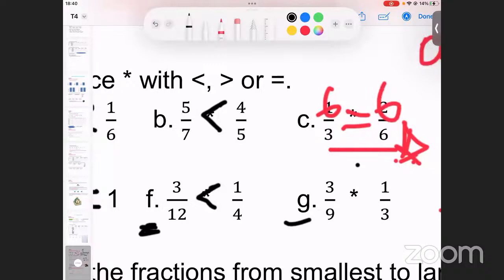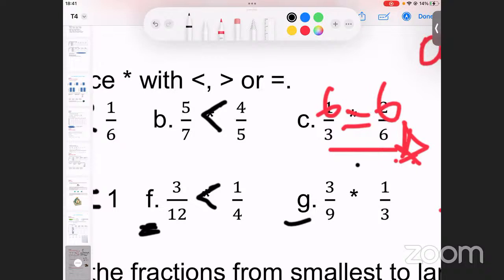Okay, continue. Ria, are you still there? Yes, ma'am. Explain to me what you did. On my paper, I did G instead of F. Okay, fine. You did G.